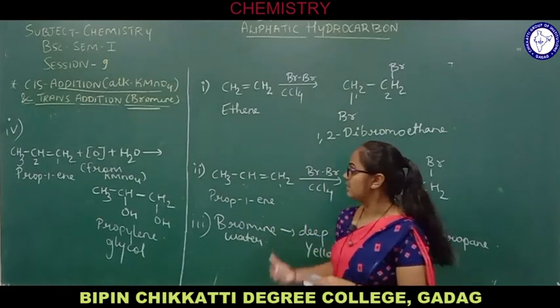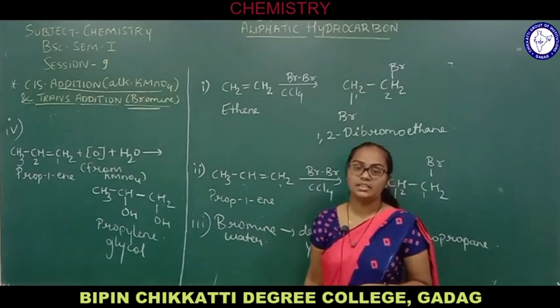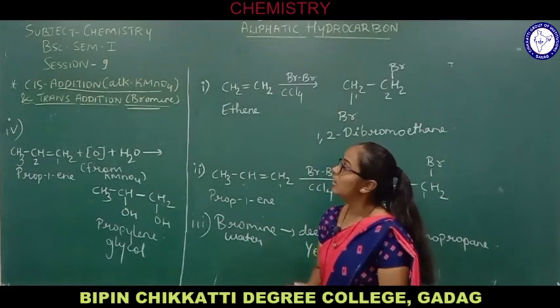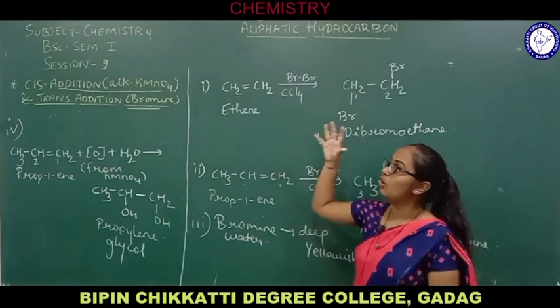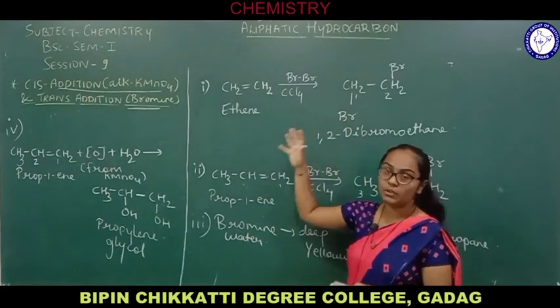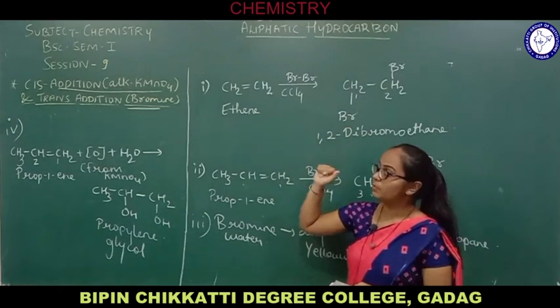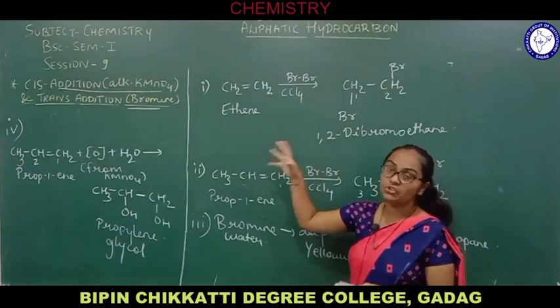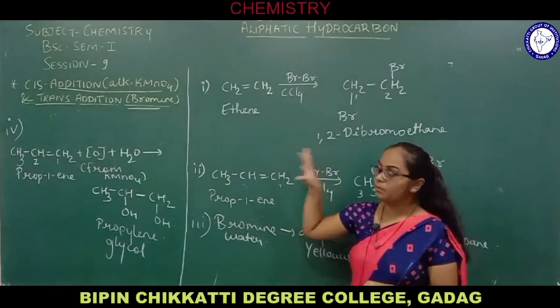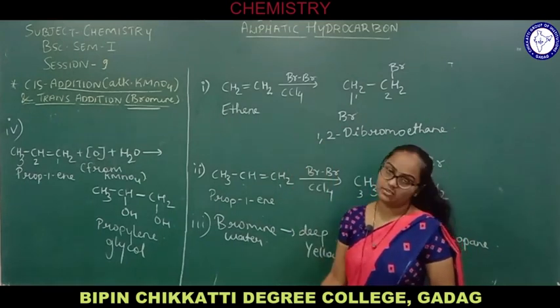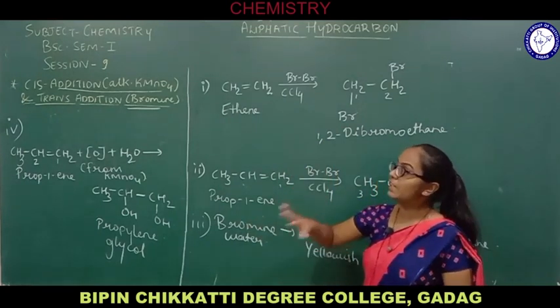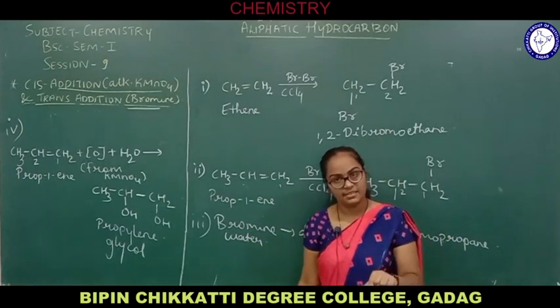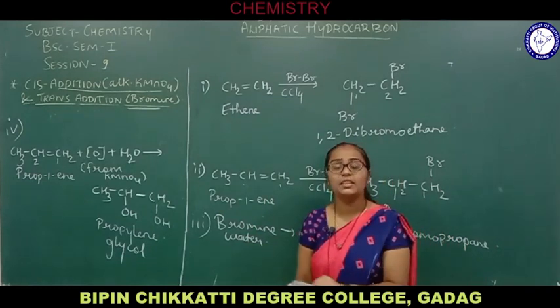That is the bromine test. So this is how cis addition can be obtained by utilizing alkaline KMnO4, and trans addition of olefin can be obtained by utilizing bromine water. So we have wound up, and yes, the alkene unit has been completed.